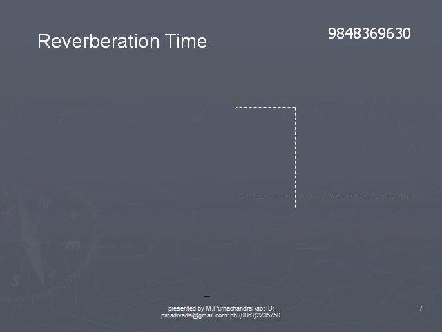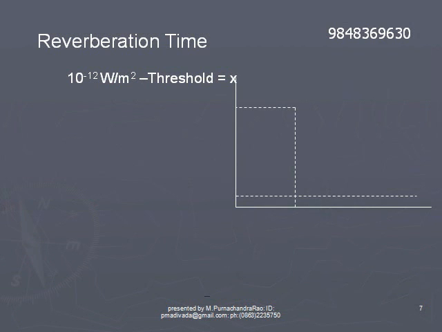To understand reverberation time, first we have to understand a concept known as threshold of audibility. It is 10 to the power of minus 12 watts per meter square. So an energy of 10 to the power of minus 12 watts, which is incident on 1 square meter area, is known as intensity.